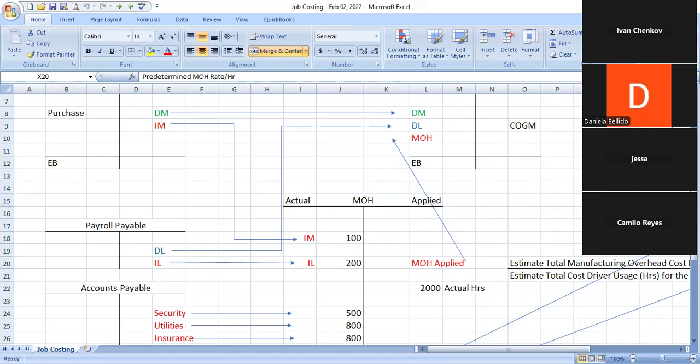That's what I'm going to teach you today: how to use a different allocation in order to come up with a relatively, or in this case exactly, correct cost, so we can cost our products more effectively and find out the actual cost.